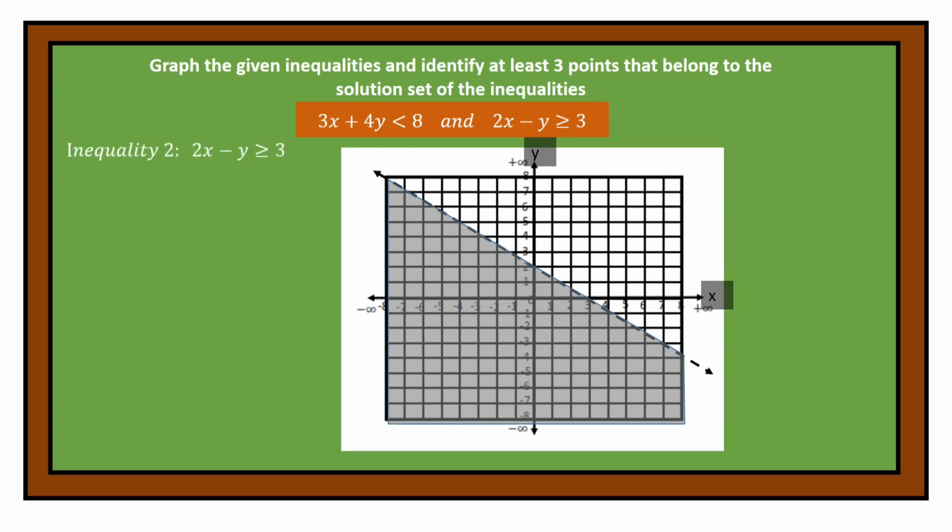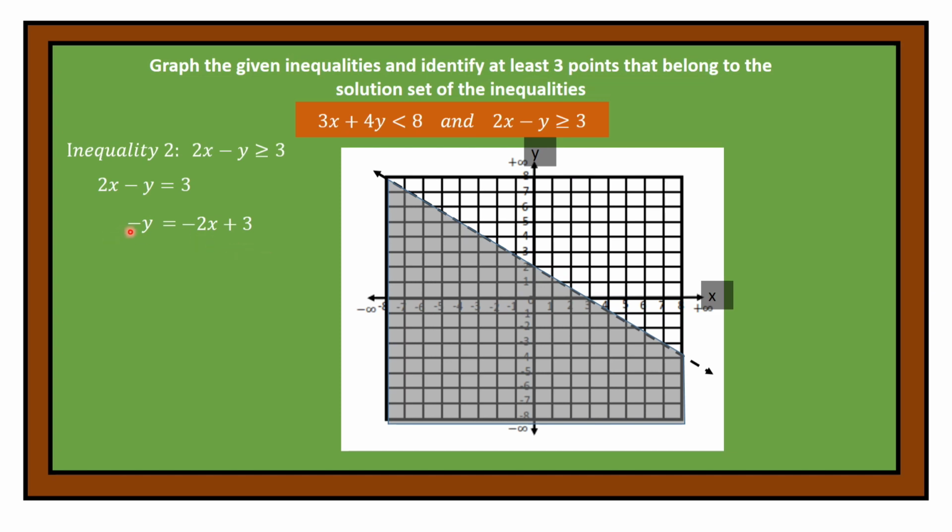Okay? Next, para sa ating inequality 2, we have 2x minus y is greater than or equal to 3. So again, palitan natin ang inequality symbol ng equal sign. Kaya ito ay magiging 2x minus y is equal to 3. So using slope-intercept form, ang ating equation ay magiging negative y is equal to, transpose ang 2x, kaya ito ay magiging negative 2x plus 3.